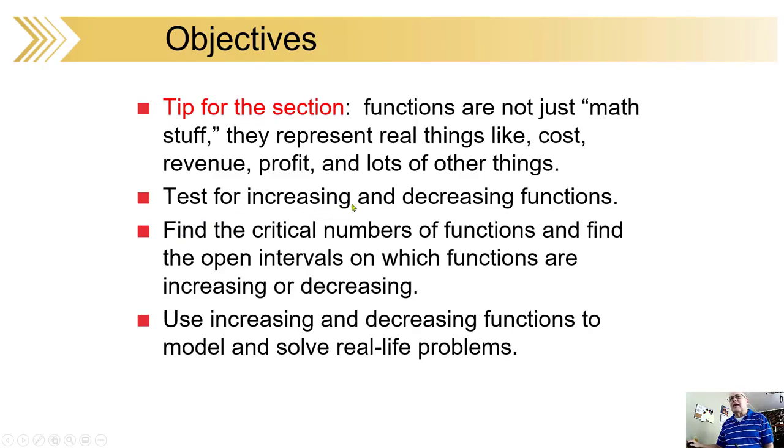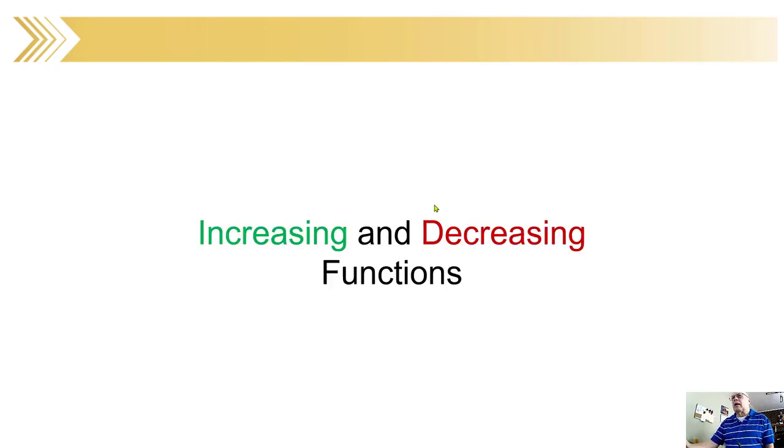Increasing means the slope is positive, decreasing, the slope is negative. Critical numbers, that's where you go from increasing to decreasing, or vice versa, in general. Not always, but usually. So here's a color-coded one: increasing red, increasing green, decreasing red.